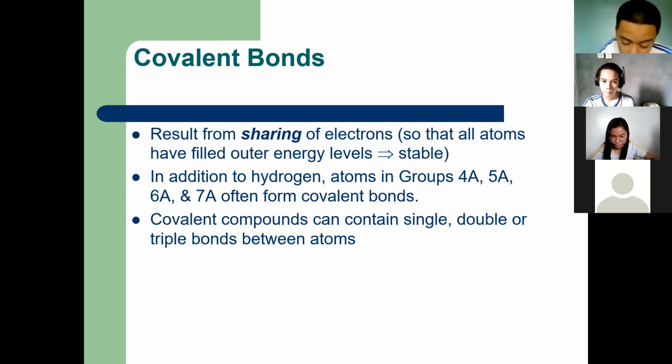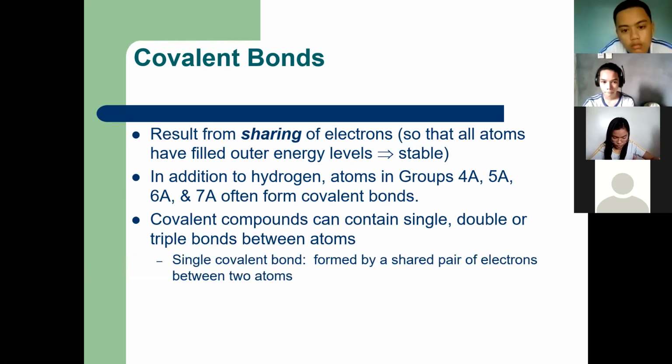In addition to groups 4, 5, 6, and 7, hydrogen participates in covalent bonding. Covalent bonding could either be single, double, or triple bond. An example of a double bond is the molecules of oxygen. For triple bond, the molecules of nitrogen.